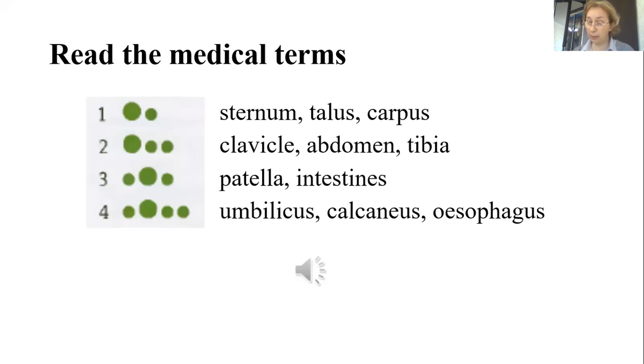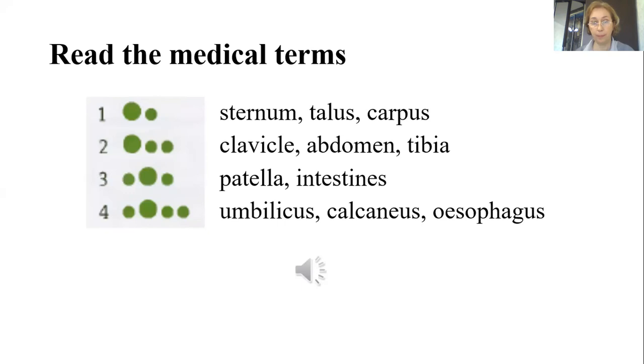Group 1, so Tarek. Yes, doctor. Group 1, sternum, talus, carpus. Thank you. Now, Emma, group 2. Yes, doctor. What should I say? Read the words from group 2, please.